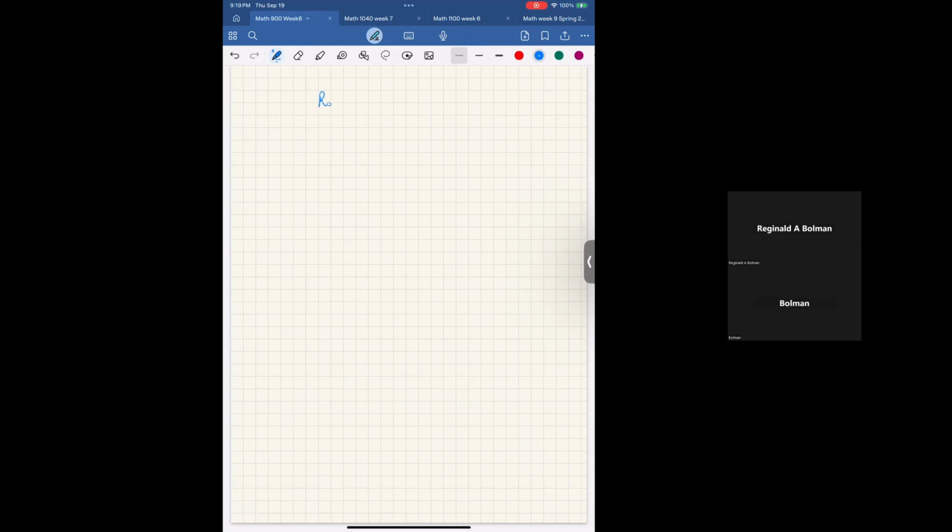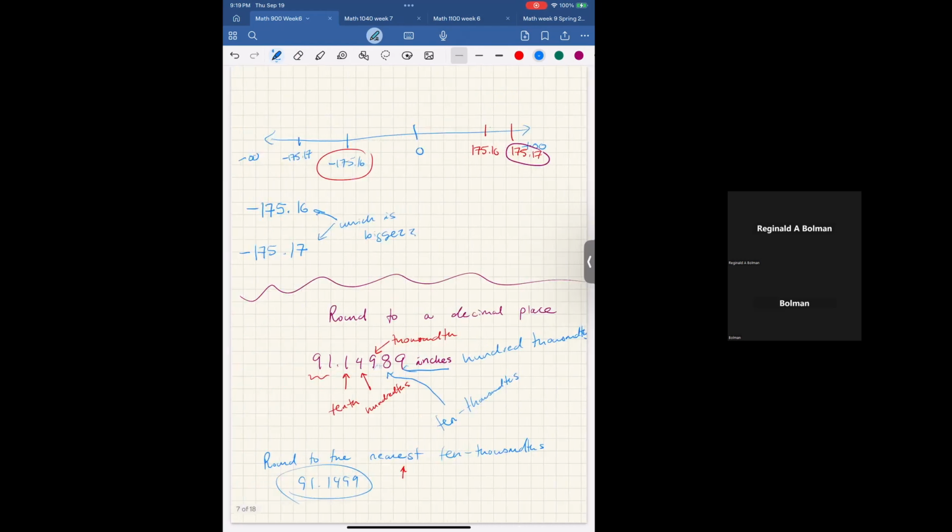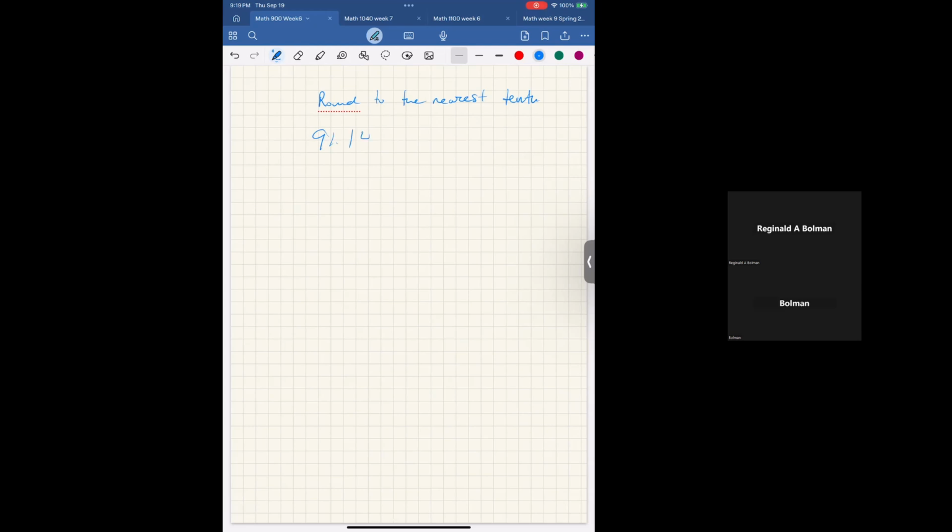Interestingly, if we said round to the nearest 10th, because perhaps we simply lacked the ability to measure accurately, and we had the previous measurement. Looking at the tenths place and the number to the right of the 10th, you see we have a 4. 4 is strictly less than 5, and so we will round down.